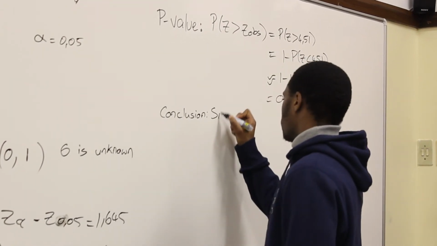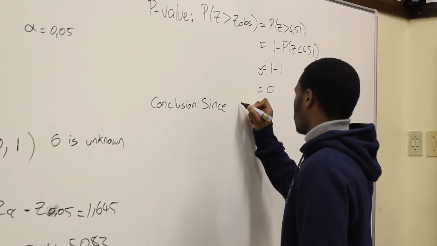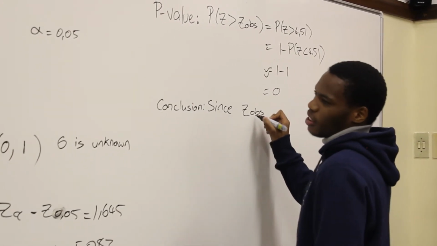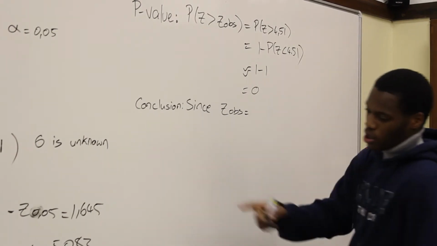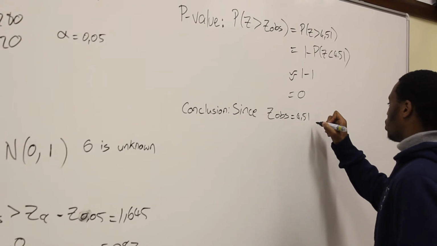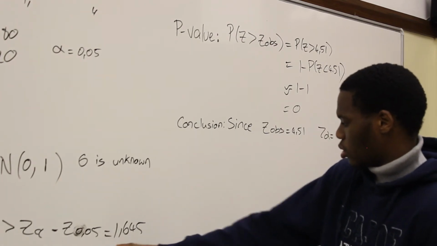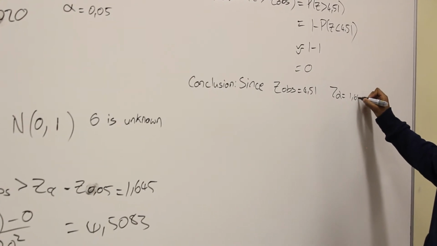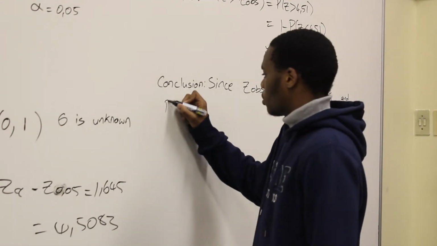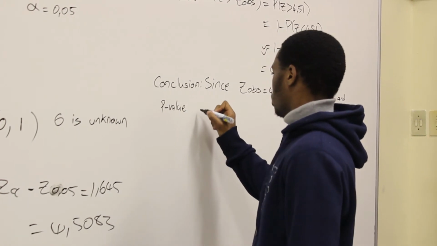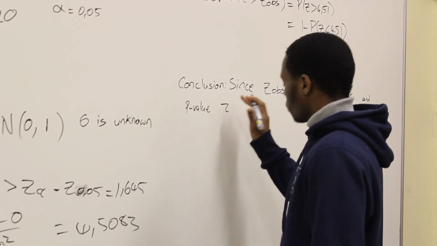Okay. Since Z equal to 4.51 and p-value is 0, and set, what is our alpha?